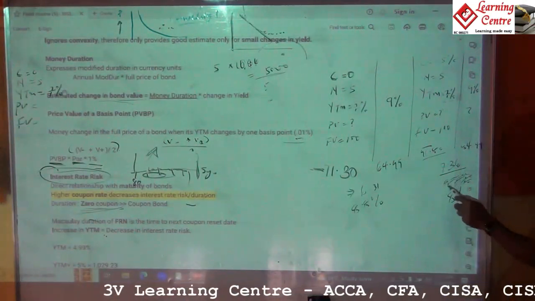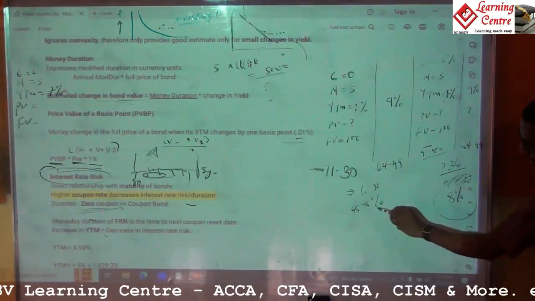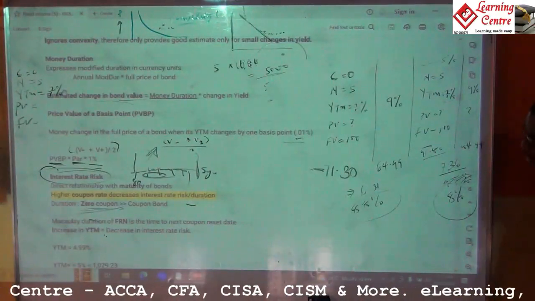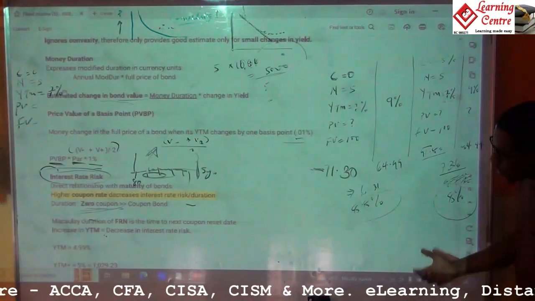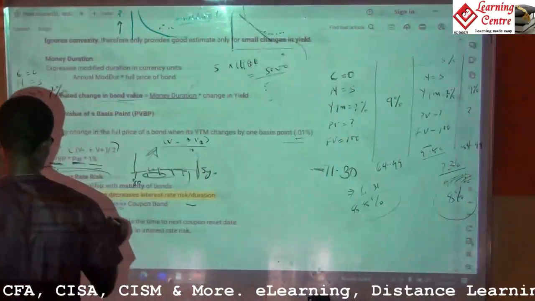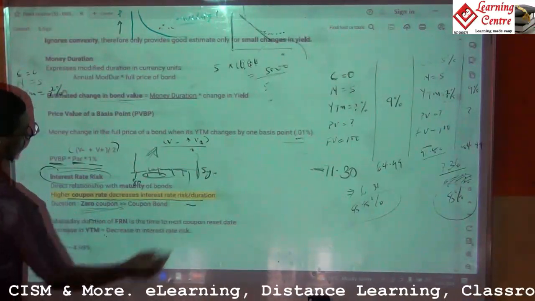The decline in price when the yield changes for a coupon bond is less than the decline in price when there is no coupon. Yes, because they give some coupon. That's what I'm trying to say here: the coupon is decreasing the interest rate sensitivity.